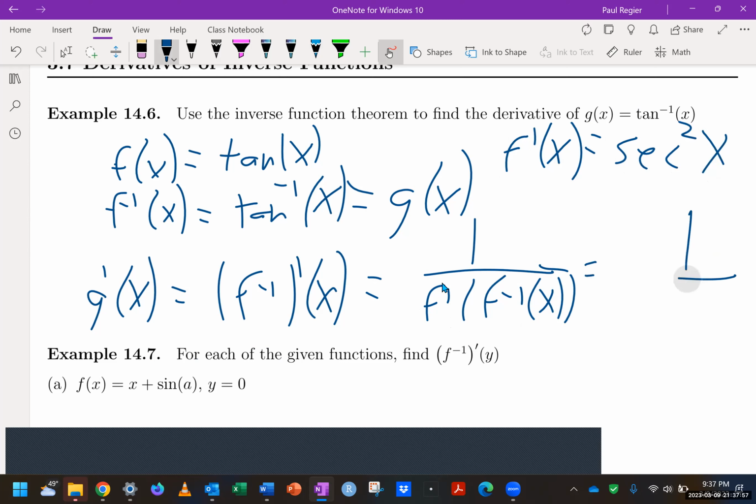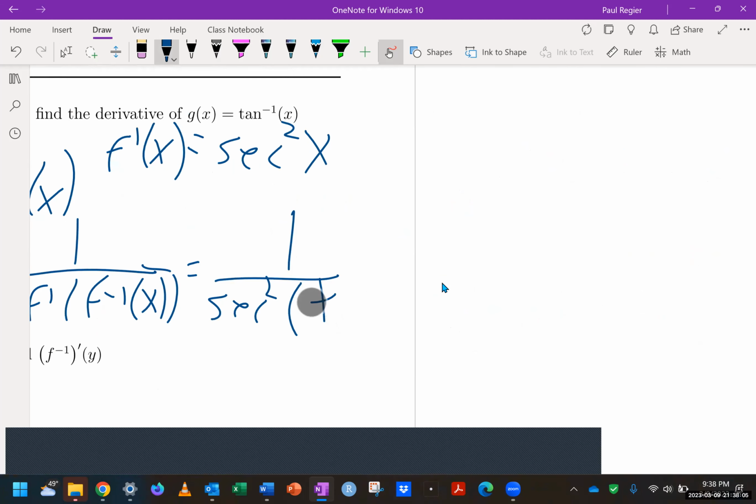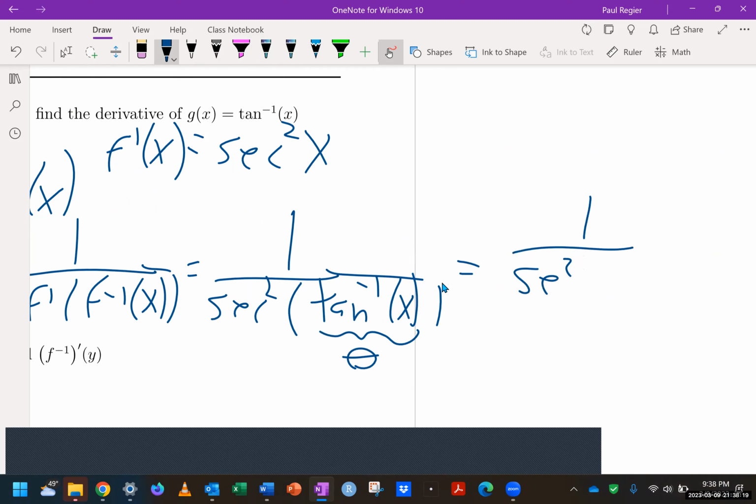So we're going to say 1 over secant squared of f inverse x. So that's tangent inverse x. Okay, that's what it is. There's a derivative. But it's kind of messy. So if we make this theta, this is the same thing as 1 over secant squared theta. And so theta is tangent inverse of x.